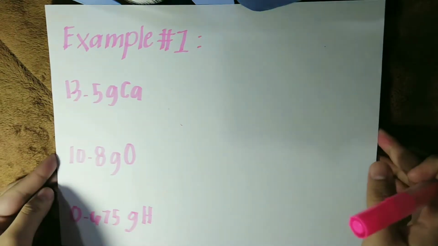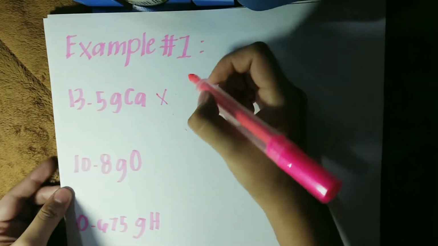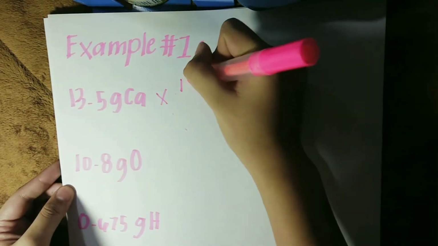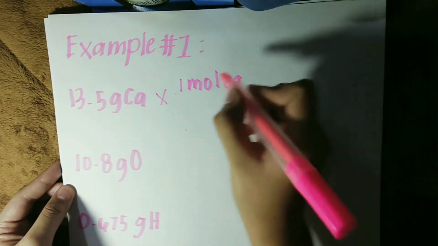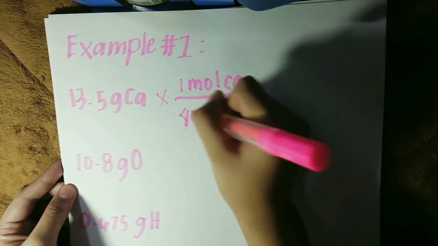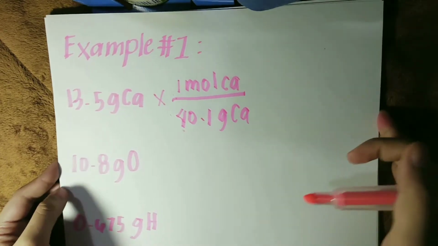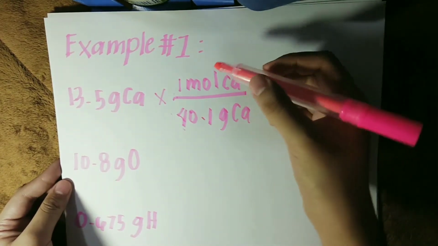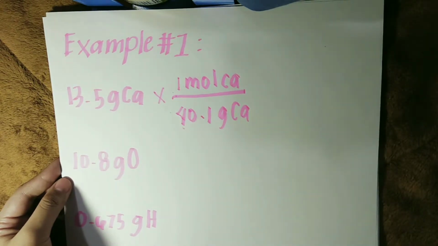So we have 13.5 grams of calcium multiplied by 1 mole calcium over 40.1 grams of calcium. 1 mole is constant. 40.1 is our molar mass.